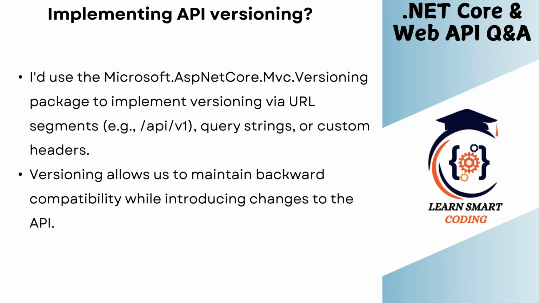What is implementing API versioning? Okay, so you might have seen a lot of videos on my channel, but I haven't talked about API versioning. API versioning is very important. Let me give a very good real-time example. Let's say there's an insurance company. Insurance companies don't deal only with the website that they have.